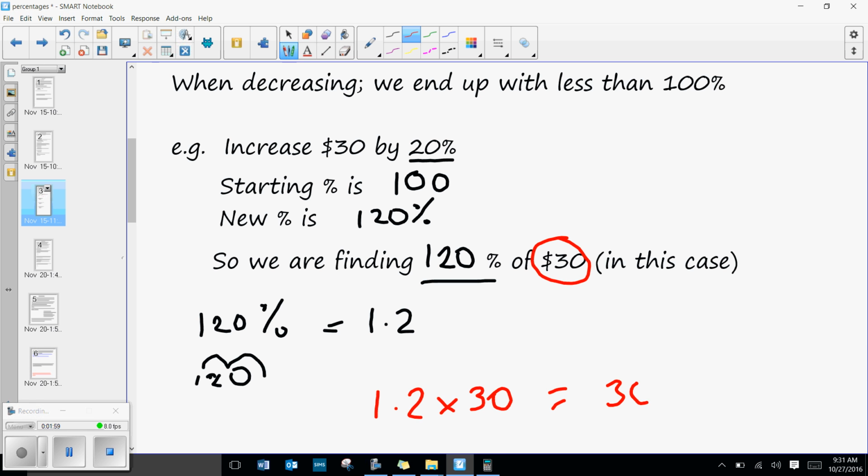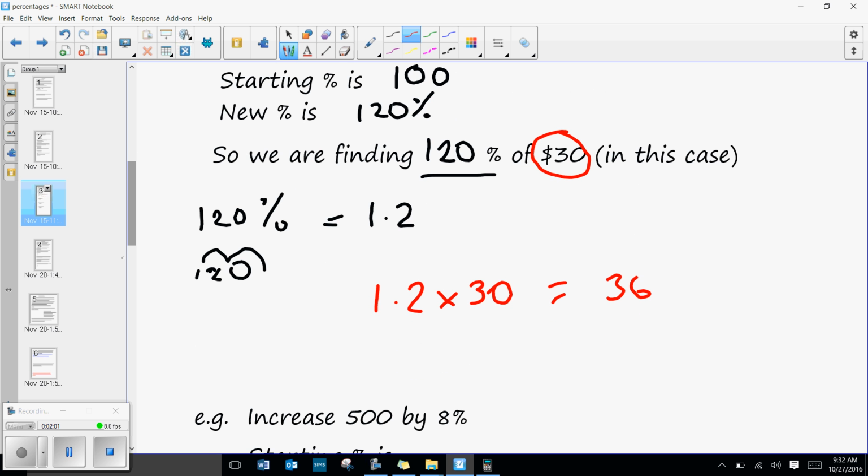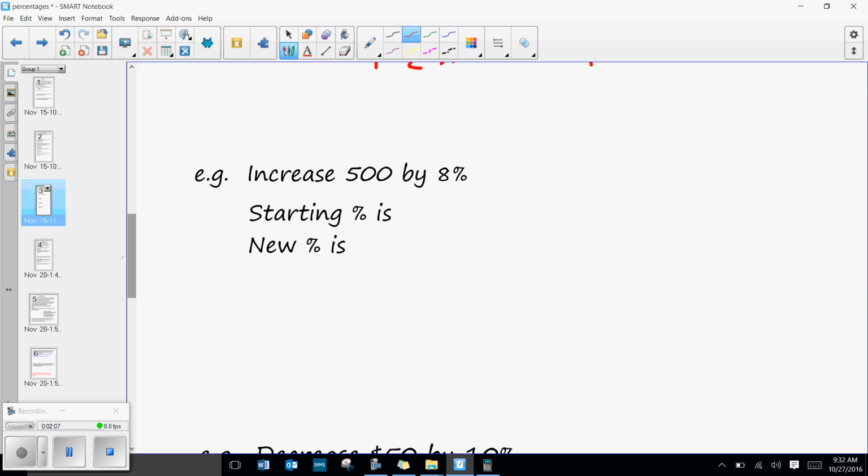So our second example, again, an increase. So our starting percent is 100. This time we're increasing by 8%, so our new percentage is now 108. Changing this to a decimal would be 1.08, and we are going to be multiplying that by 500.